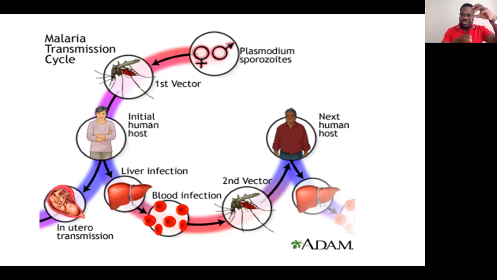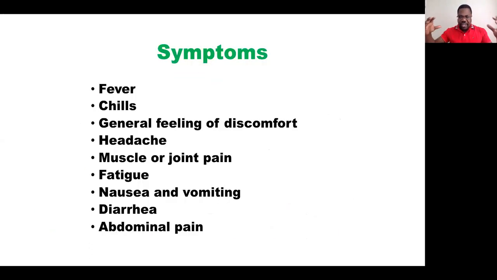So we have an infection in the liver. Then from the infection of the liver, we have the infection in the blood. Now, because of that, one of the important symptoms is fever. So the patient will develop fever because of the parasite in the blood.